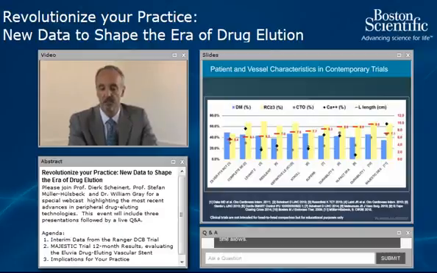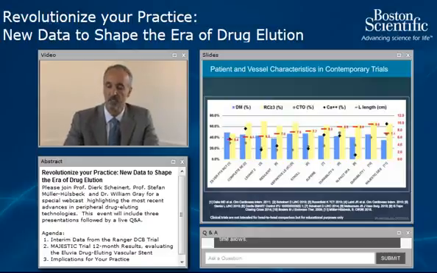In this slide, you can see that we've lined up by rank order many of the relevant trials, and the rank order is by lesion length. If you follow the various bouncing balls and bars here, you can see that the calcification and chronic total occlusion rates can be different among these trials, making cross-comparison of the trials very difficult to do with any satisfying outcome. I think you contextualize the outcomes here, but direct comparison is very difficult.